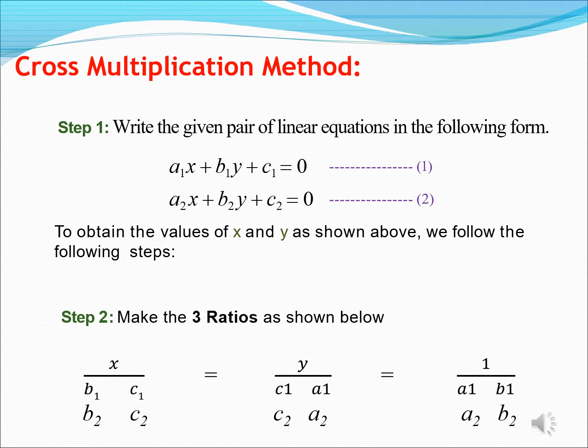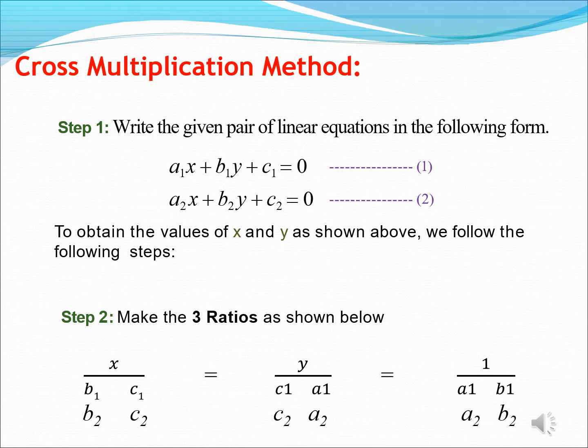So the first step, whatever the type of equations you are having, just by using simplification or maybe using transposition, you have to write the given equations in a1x plus b1y plus c1 equals 0 form. Same, the second one as a2x plus b2y plus c2 equals 0 form. Then to obtain the values of x and y, we need to move forward to step 2.